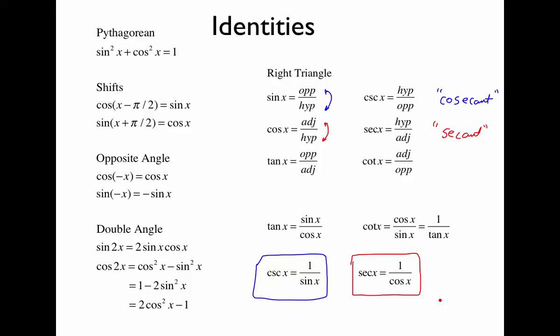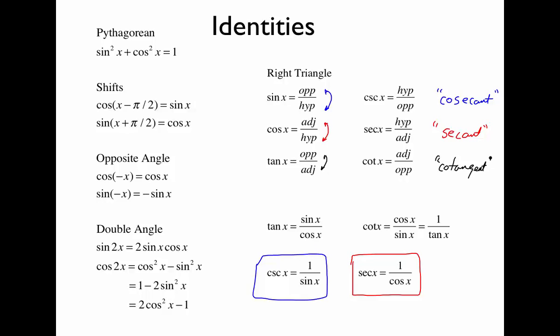And finally, tangent. If you take tangent and instead of opposite over adjacent, make adjacent over opposite, that's the cotangent function.